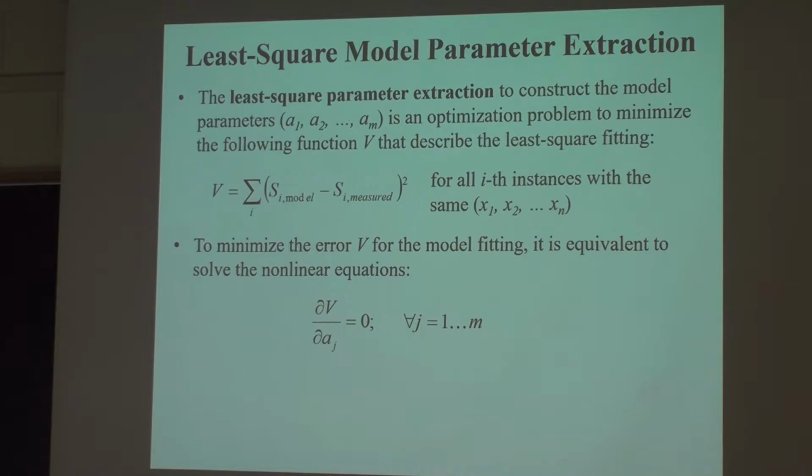If this is my objective function, describing the difference between S model and S measure, and I take the second norm, then I know the parameters that describe the S model will best fit my measurement data when the gradient goes to 0 and the Hessian is positive definite.